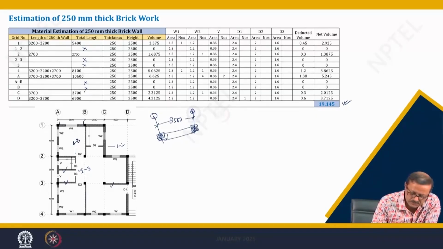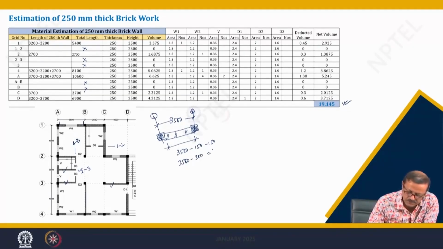So, this is my brick, that means this will be 3500 minus 150 on one side and another 150 on the other side, so 3500 minus 300. That means it is 3200, that is why it is 3200 for the first one.